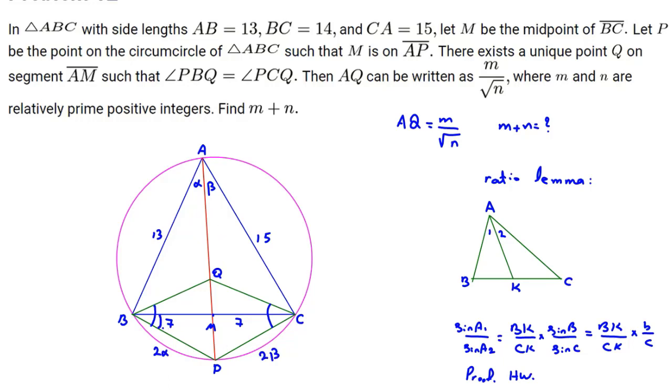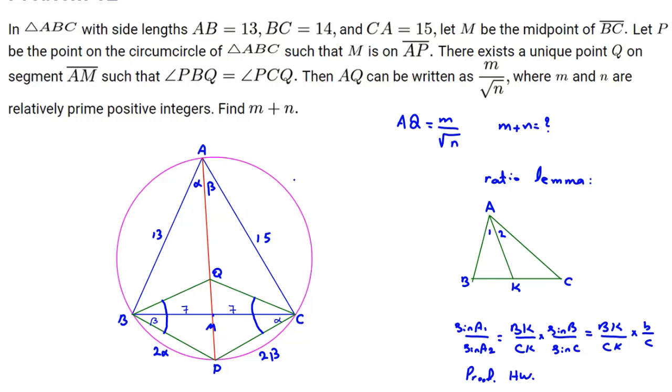So this angle you can say is beta also. This angle is beta. This angle is alpha because they see this arc and this arc. And BM is 7, MC is also 7.